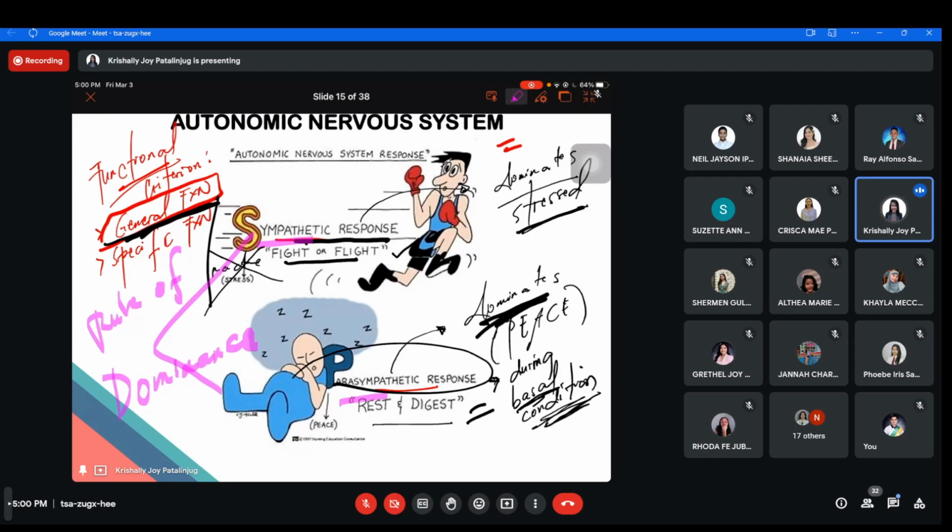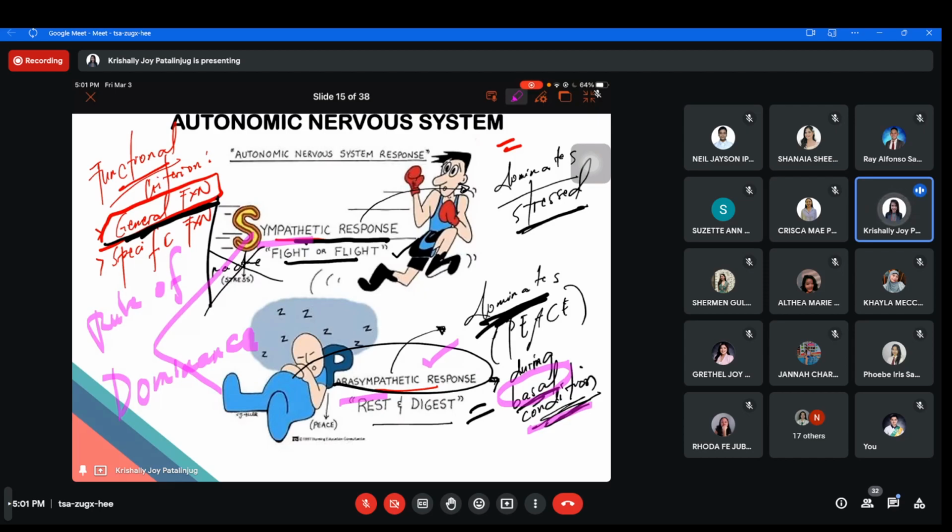I repeat, both of them are active. However, during basal condition, when we quantify based on effects, the one that dominates is parasympathetic. So kumbaga mas active nga lang yung parasympathetic if it is basal condition.